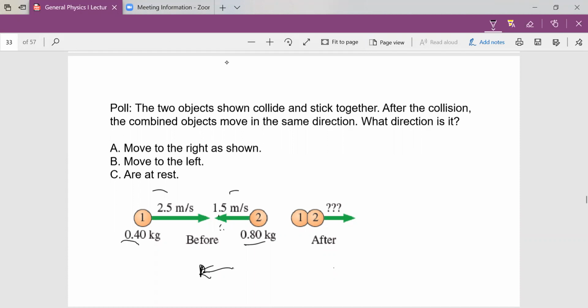Four more persons. I'm waiting for 3 more inputs. 2 more.